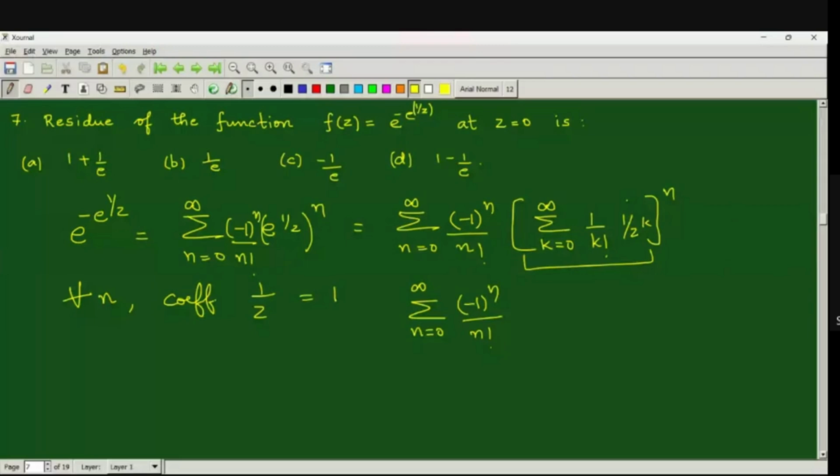Okay. So one mistake that we will make is that for each n this happens, so we will find this thing, and this is actually 1 by e.